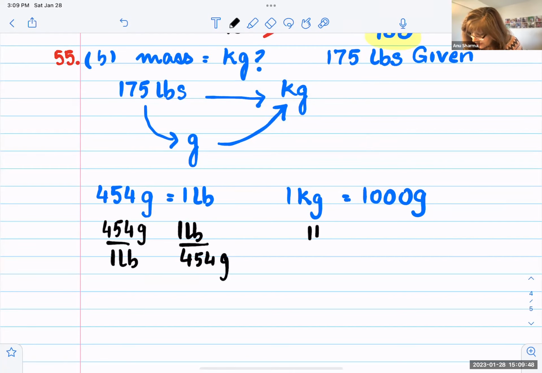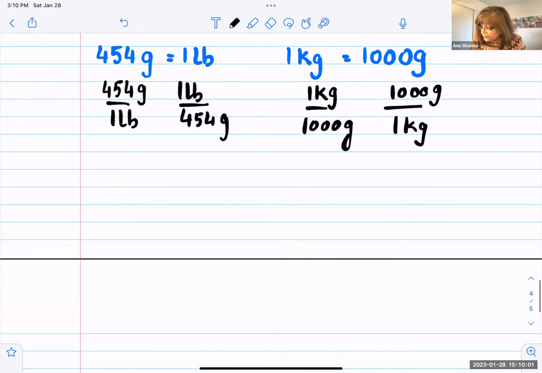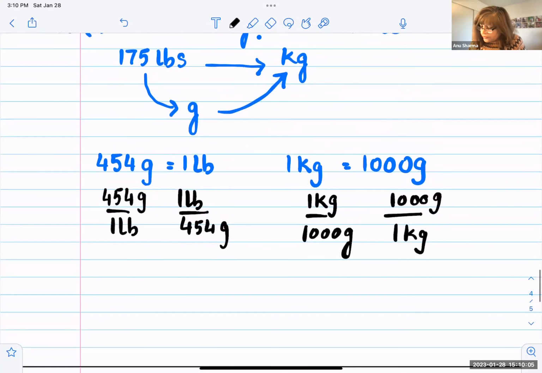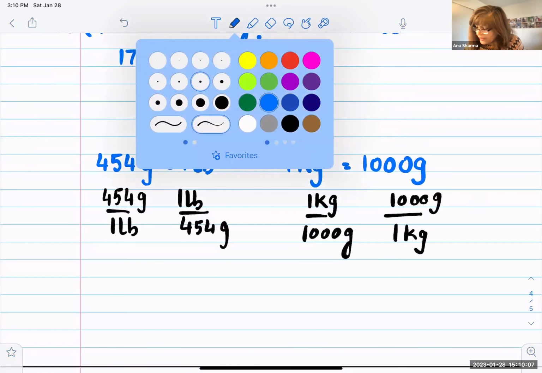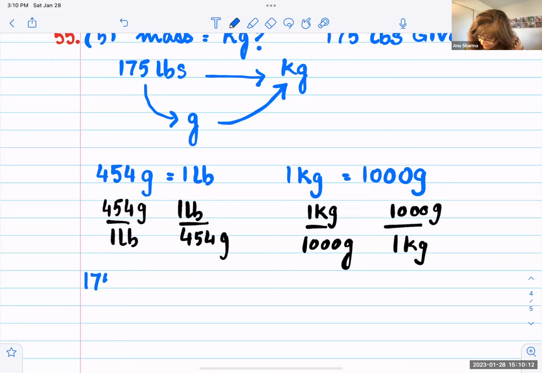The other one is 1 kilogram over 1000 grams, or 1000 grams over 1 kilogram. All right, so this is given to you in the tables, so you can use it. So anyway, here we have now 175 pounds given.